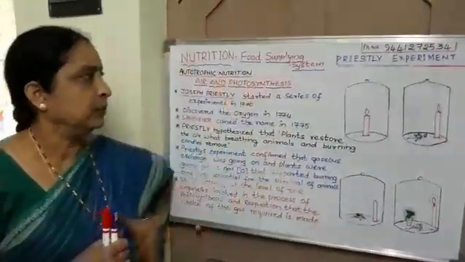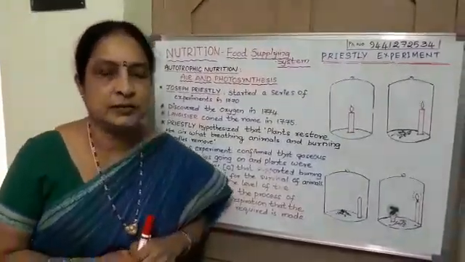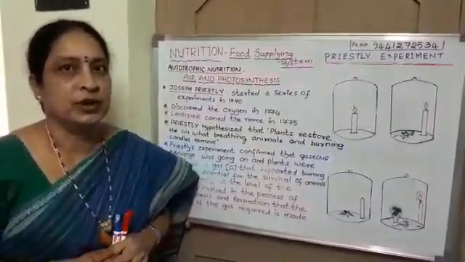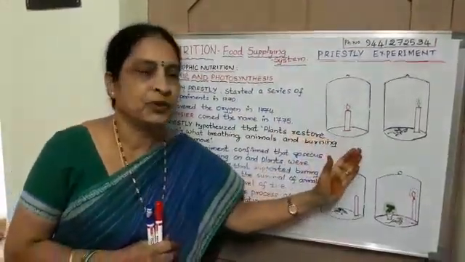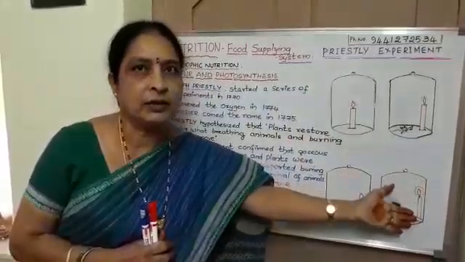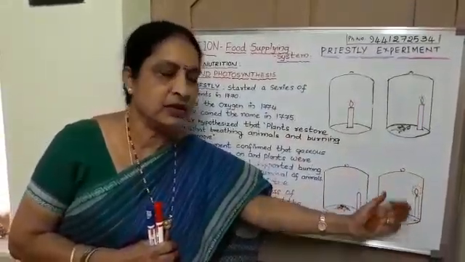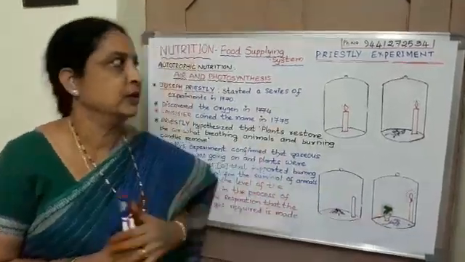Now finally Priestley proved that oxygen is released from the plants, which helps animals survive, and animals release carbon dioxide, which helps the plants survive.